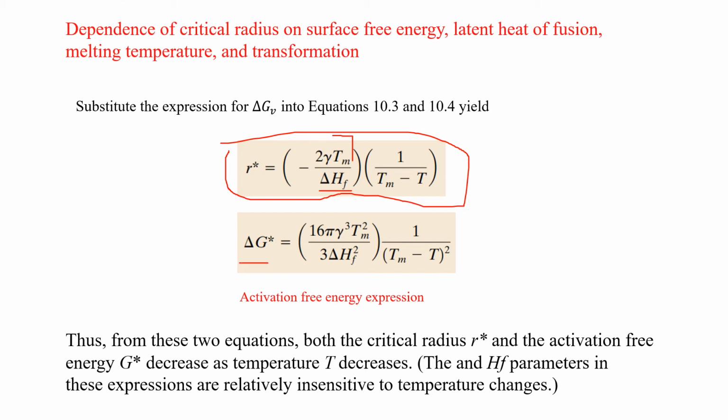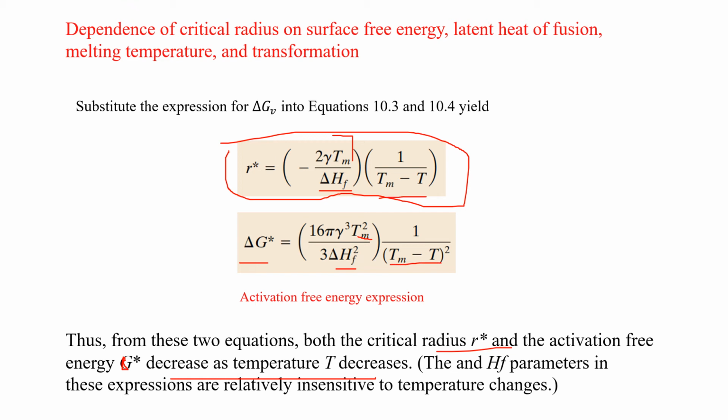This is the critical free energy dependence upon the melting temperature and latent heat of fusion. Thus, from these two equations, both the critical radius r star and the activation free energy delta G star decrease as temperature T decreases, because these are in the denominator.